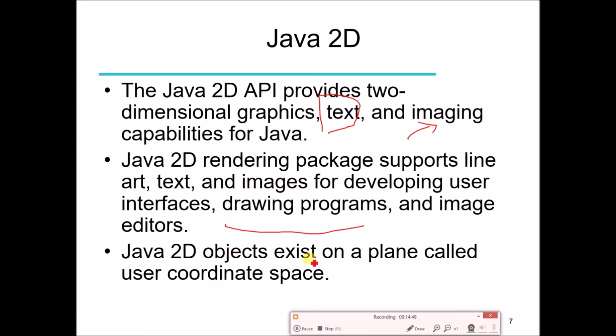A Java 2D object exists on a plane called the user coordinate space. When you are drawing objects, you draw them in a plane which is a two-dimensional area, and there are coordinates, meaning that for every point or vertex you have to specify the position using two values, the x value and the y value.